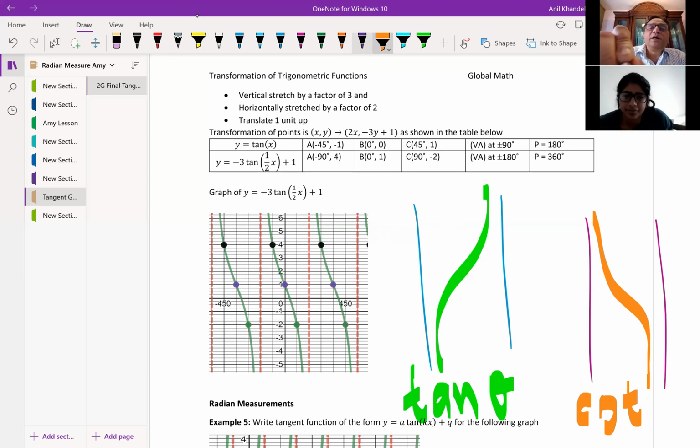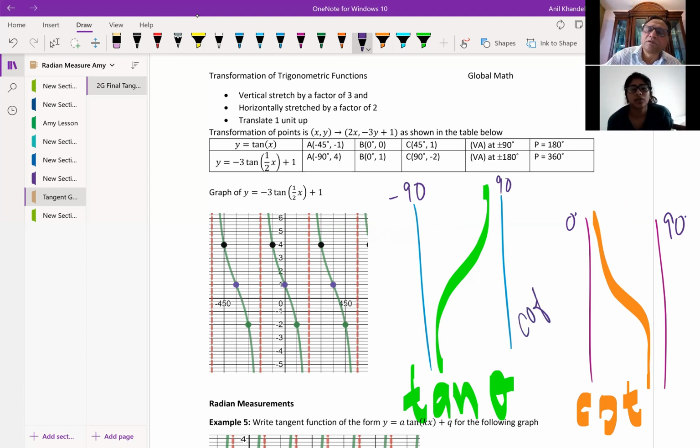The points here are different, right? For tan, this is like 90 degrees plus and minus. But this cotangent shifts, right? So it is from 0 to 90 degrees. It shifts by 90 degrees to the right because it's a co-function. The minus 90 moves.